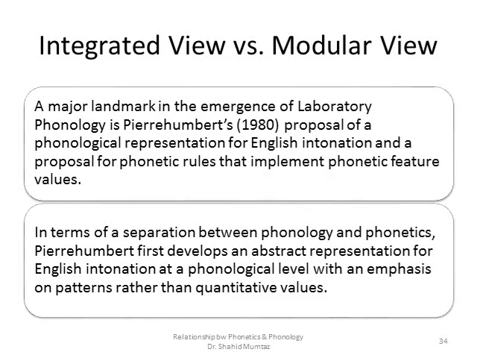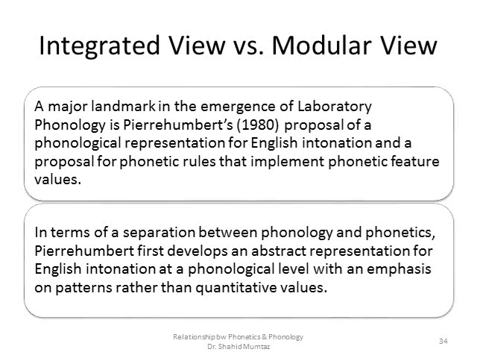Alright, now this is just a recap of the integrated view and modular view. A major landmark in the emergence of laboratory phonology is Pierrehumbert's proposal of a phonological representation for English intonation and a proposal for phonetic rules that implement phonetic feature values.